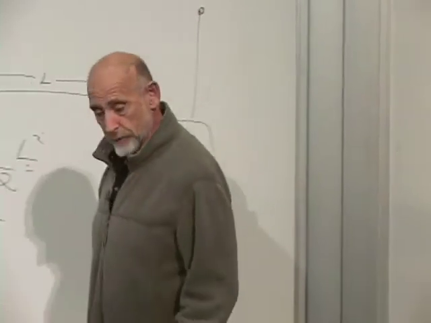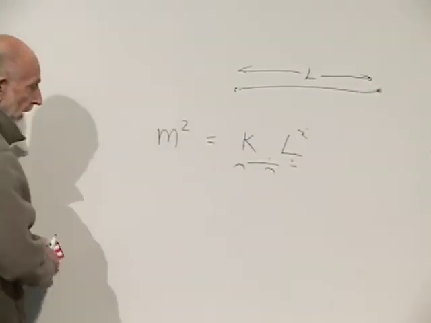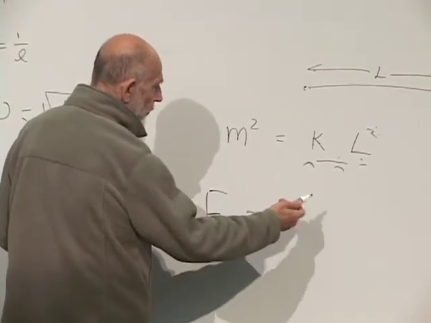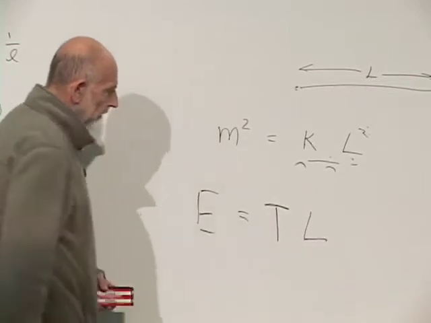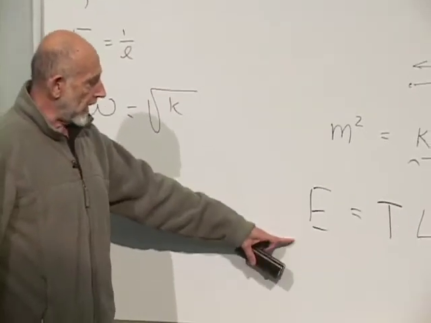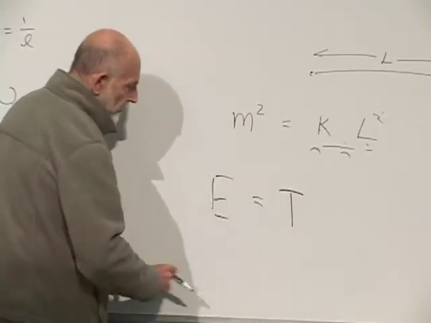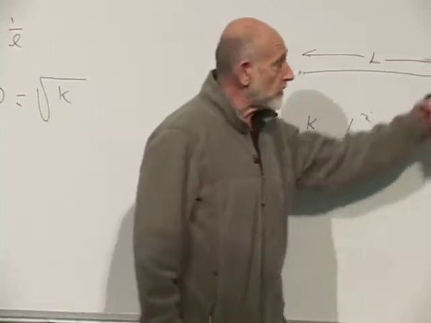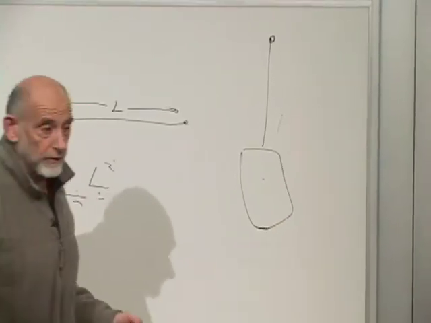You see that from the formula that mass or energy, same thing, energy is equal to tension times length. Force is energy per unit length, and so the force that this string can support is independent of its length. That's the character of these strings.